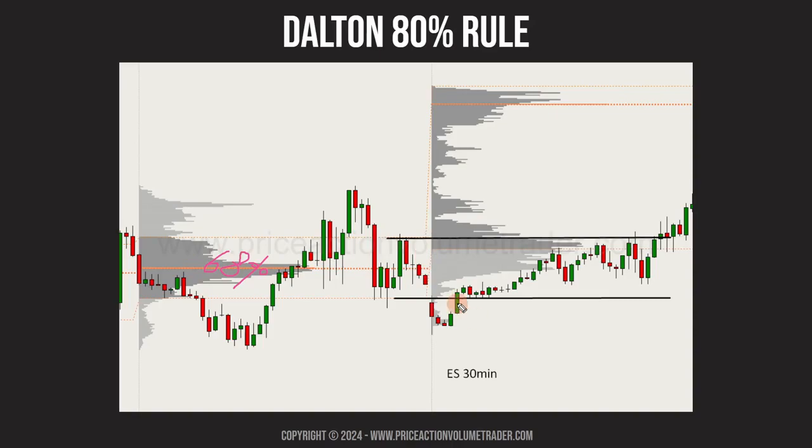And then you can see right here we have two 30-minute candles that traded back within this value area. This was actually a very significant level because we had a big high volume node edge there as well. We pull back, test, and then we move up, and eventually we hit the other side of this value area.